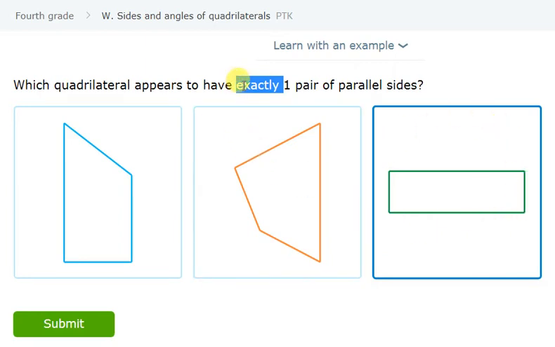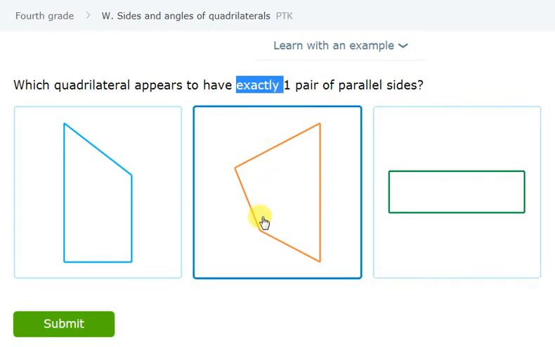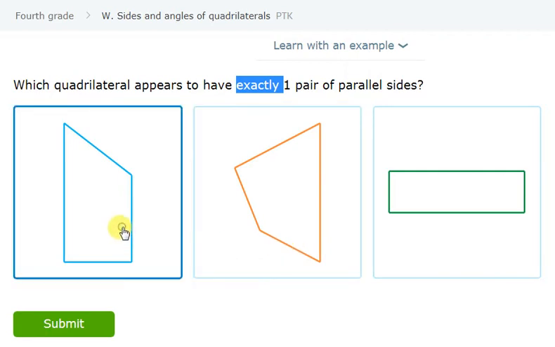Where you see the word exactly, that means you will pick the quadrilateral which has only one pair of parallel lines, not more than one, not less than one, right? Exactly one. Okay, now look at this. Do you see any pair of parallel lines? No, we do not have a pair of parallel lines in this quadrilateral. Now come to this.